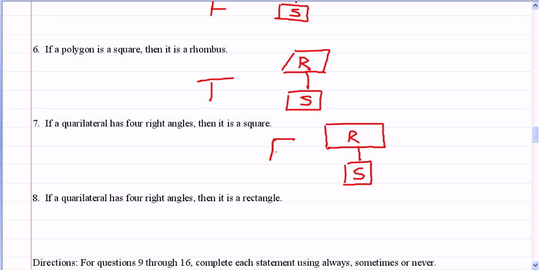So this one is false. If a quadrilateral has 4 right angles, then it is a rectangle. This statement is true because a square has all of the properties of a rectangle, so we could also say that a square is a rectangle. So this is true.